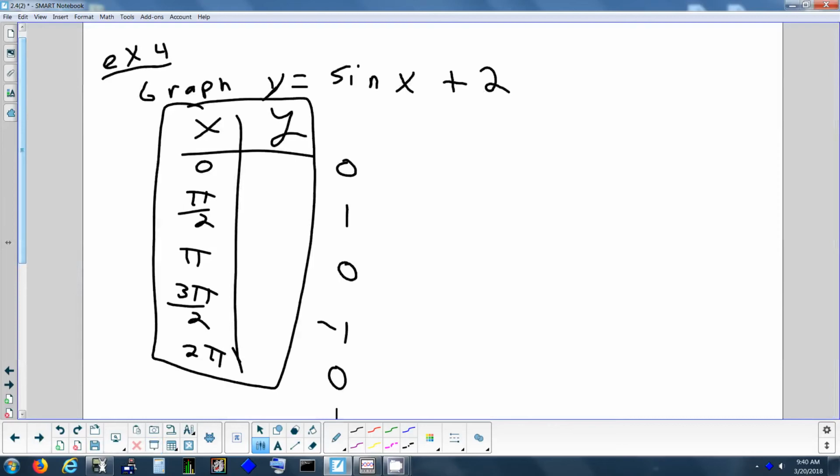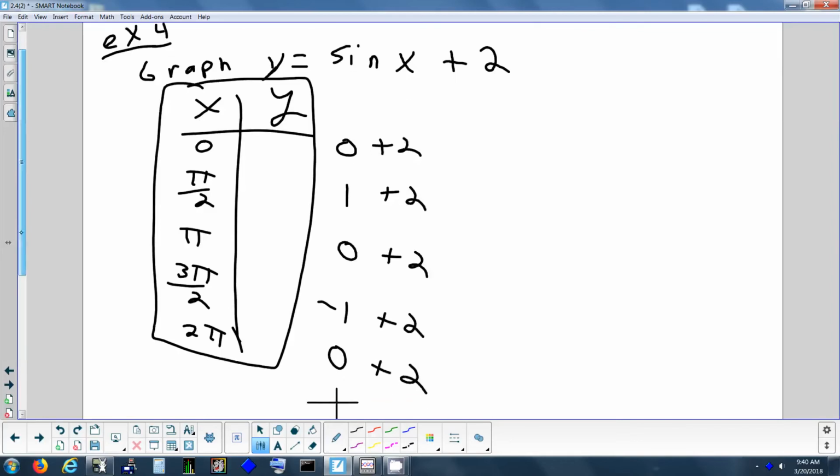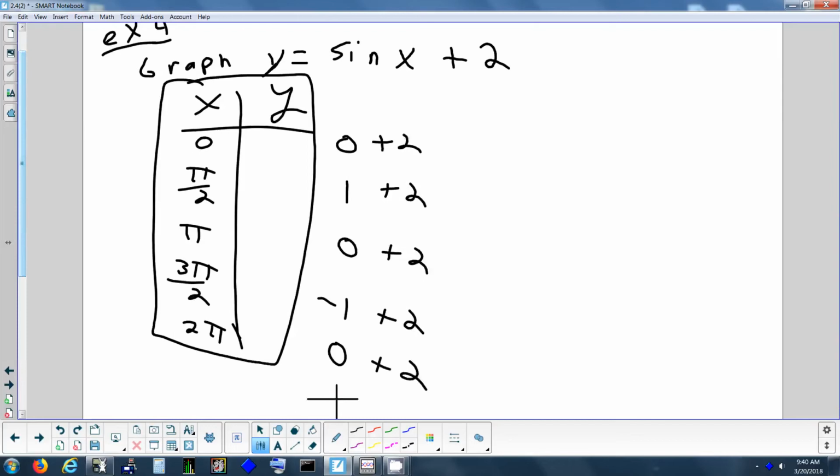Yep. 0, 1, 0, -1, 0. And Abby, what am I going to do to those y values? You add 2. Perfect. She added 2. She didn't do the opposite. Okay, so plus 2. And Caitlin, can you tell me what I get if I add 2 to all of them? 2, 3, 2, 1, 2. Okay. 2, 3, 2, 1, 2. All right. Any questions on that?